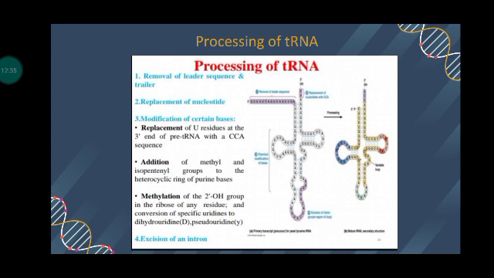That is how the mature tRNA will contain the D loop and the T psi C loop. And some introns are also cut out in this process. So that is how the pre-tRNA is converted to a mature tRNA.